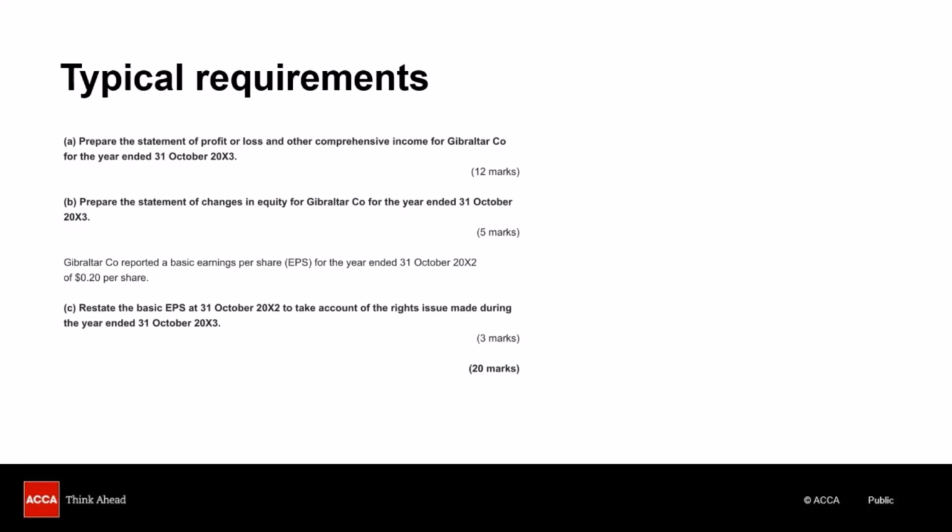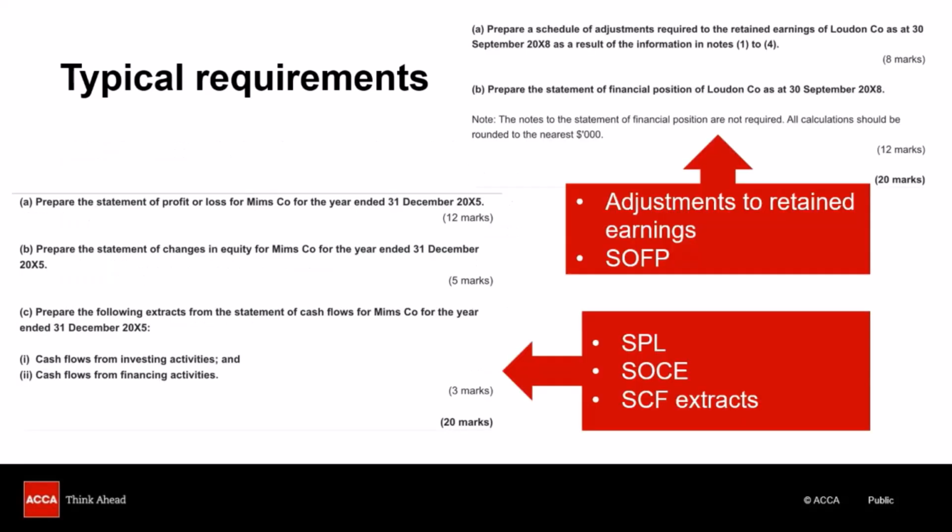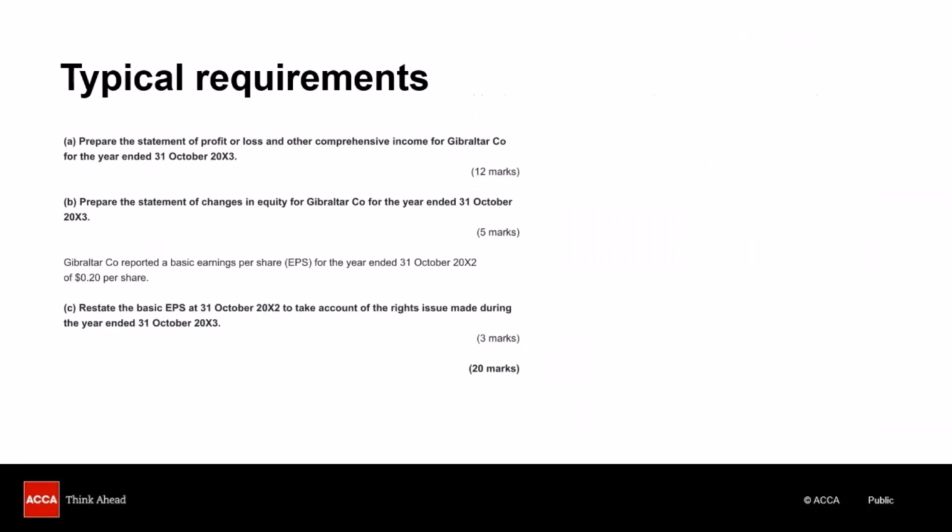Now, in the final accounts question, it is a very common trend that the last 2-3 marks are allocated for this kind of adjustments. Like we saw over here, the extract from statement of cash flows were to be made. Then you have over here, you have to make basic working for the basic EPS.